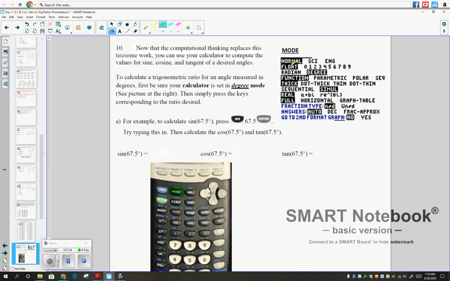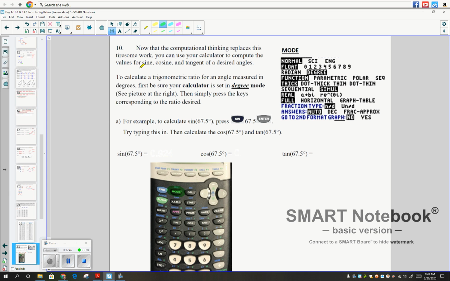You want to arrow down. If radians is highlighted, that means you're in the wrong mode. You want to arrow over to degrees and hit enter so that it's in degrees. Once you did that, you can get out of there by just hitting second quit.